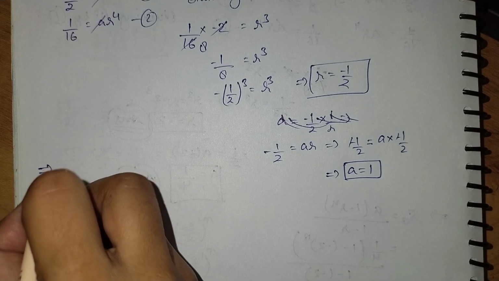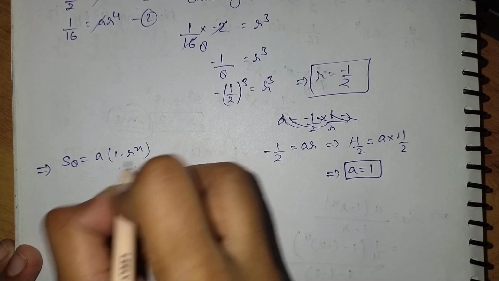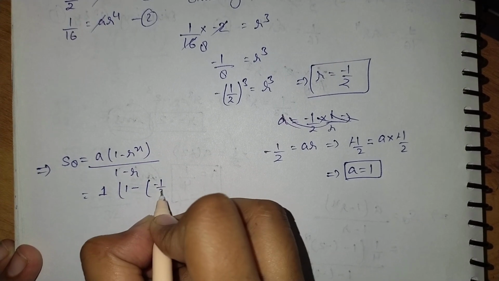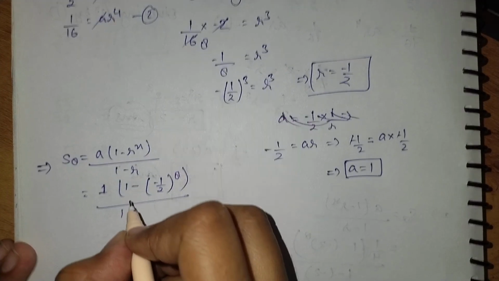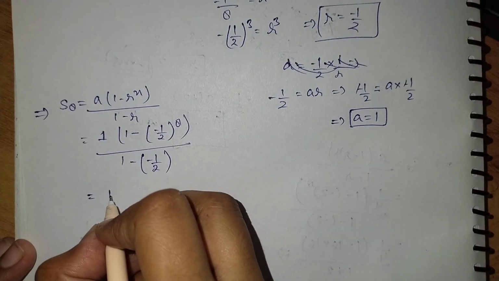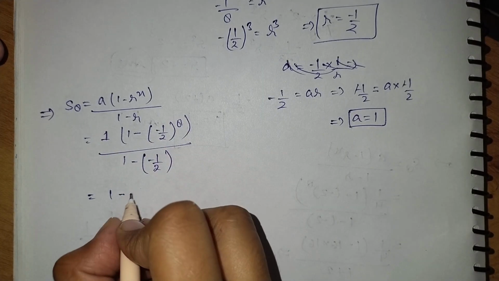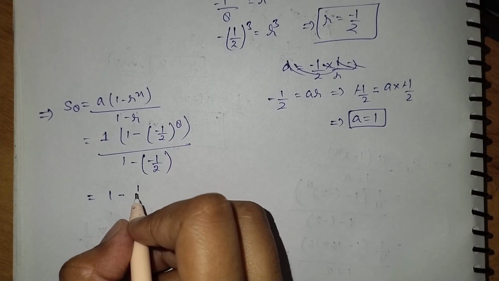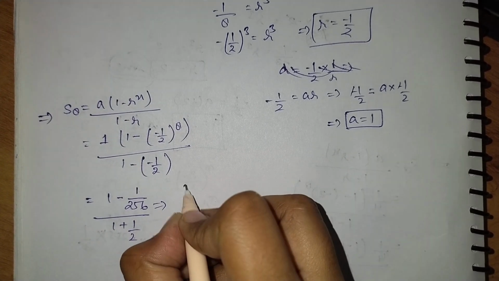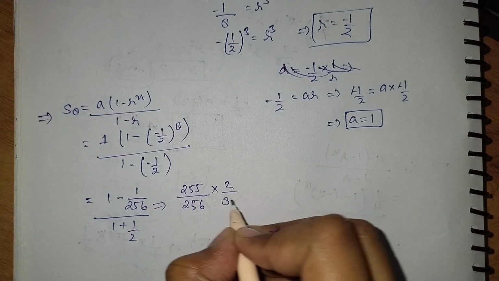From there we have to find the sum of the series of 8 terms. That will become a times 1 minus r to the power n divided by 1 minus r equals, first term is 1, 1 minus (minus 1 by 2) to the power 8 divided by 1 minus minus 1 by 2 here. So simply solving, if we write (1 by 2) to the power 8 as 1 by 16 into 16, this will become 255 upon 256 into 2 by 3.